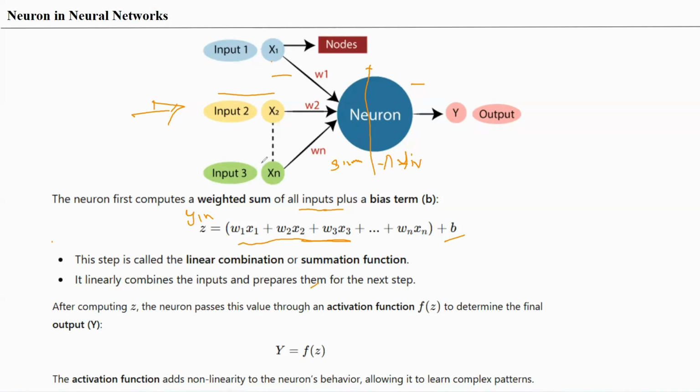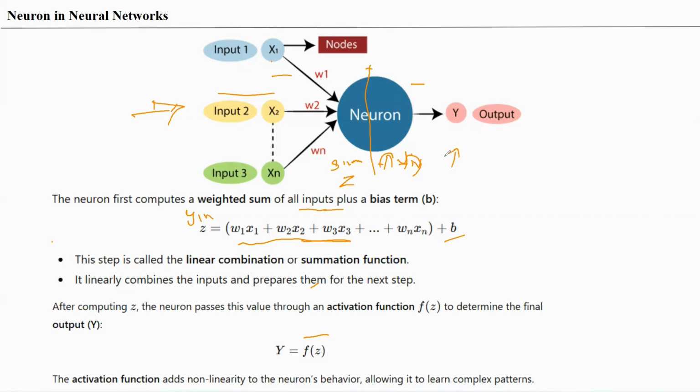Once we get the sum Z, the neuron does not directly send it out. First, it passes Z through something called an activation function, the propagation function, as we discussed earlier. The equation for that is y equals f of Z. The function depends entirely on the desired output.